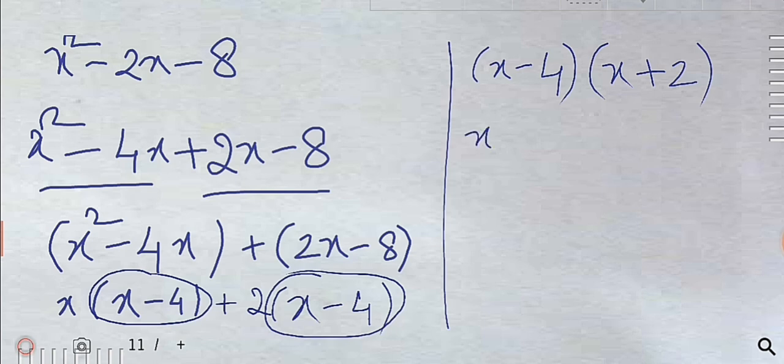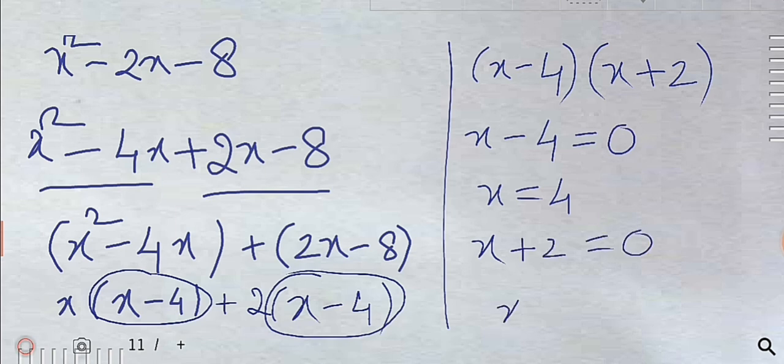To find the zeros, we have to equate each factor to 0. Then x minus 4 equal to 0 gives x equal to 4. Again x plus 2 equal to 0 gives x equal to minus 2. These two are called zeros of the given quadratic polynomial.